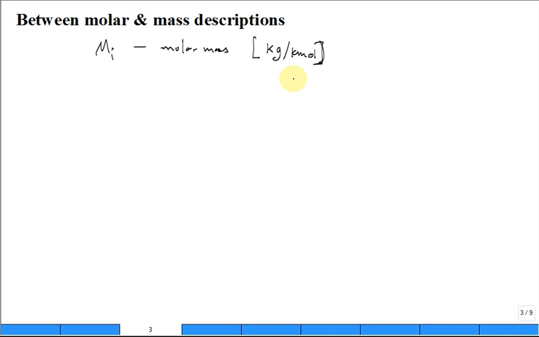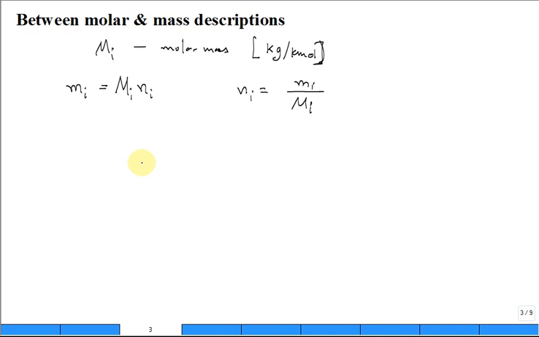So how do we use it? If we have so many kilomoles of our species i, we multiply by the molar mass, and that gives us the mass of i. So m sub i is equal to the molar mass times the amount. Rewrite this: if you wanted to get n sub i, it's equal to m sub i divided by cap M sub i. So you can move back and forth between a molar description and mass, or mass to molar.